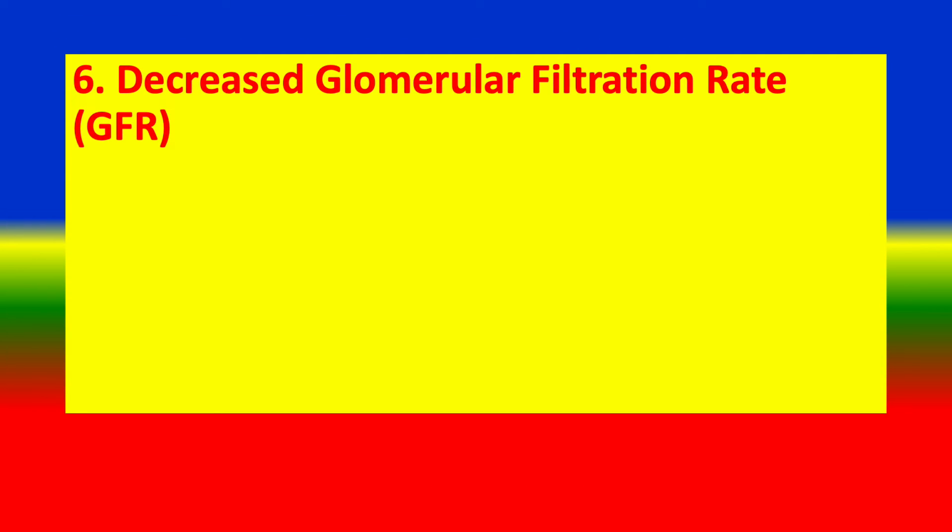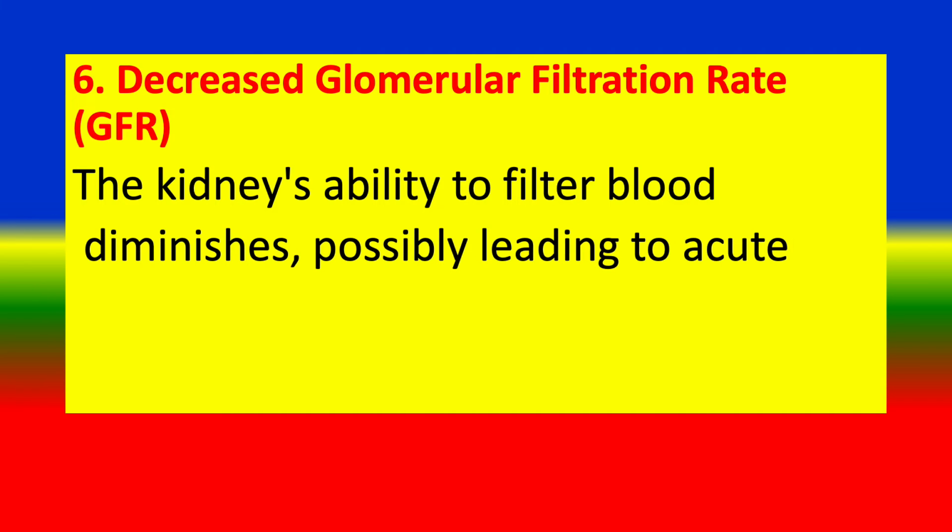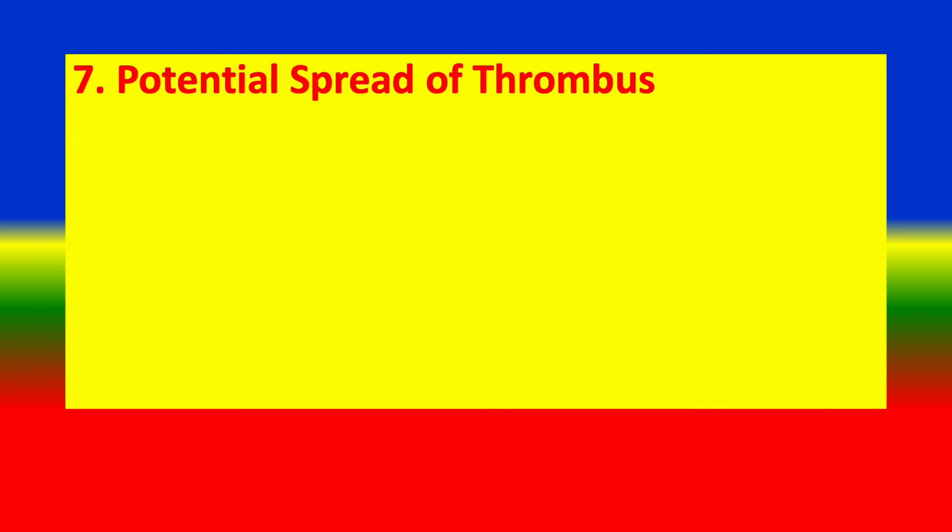6. Decreased glomerular filtration rate, GFR. The kidney's ability to filter blood is diminishing, possibly leading to acute kidney injury. 7.